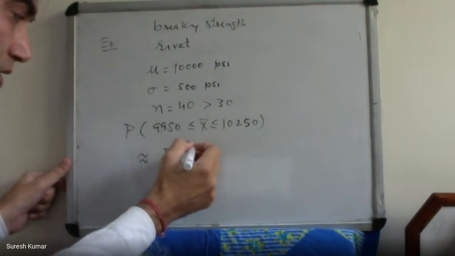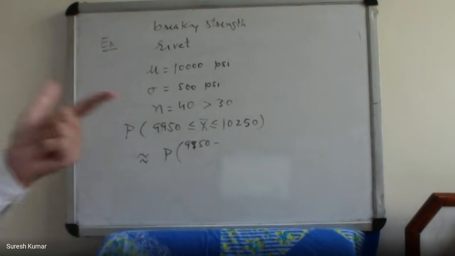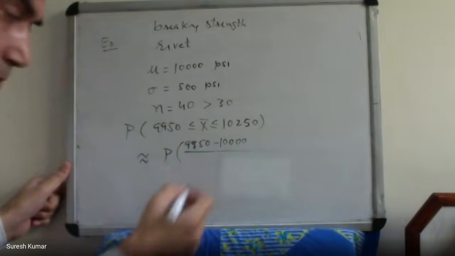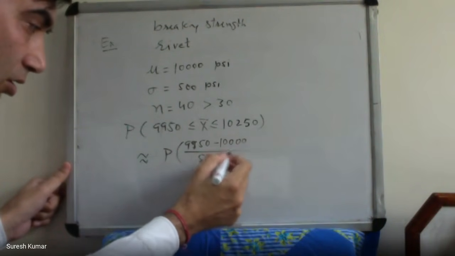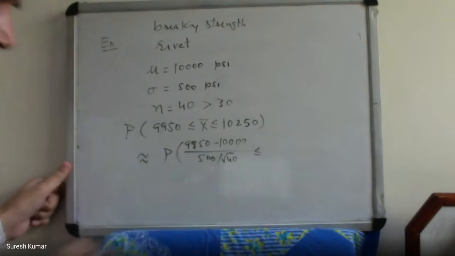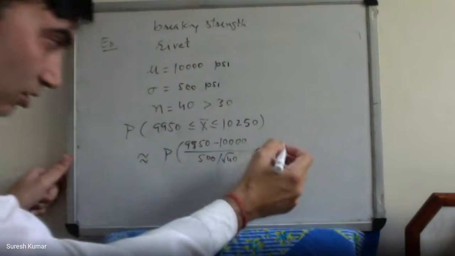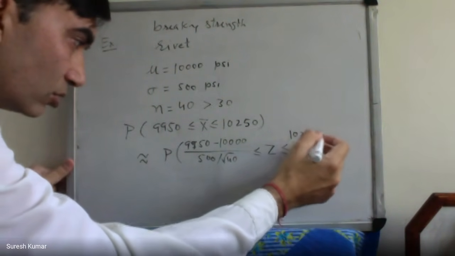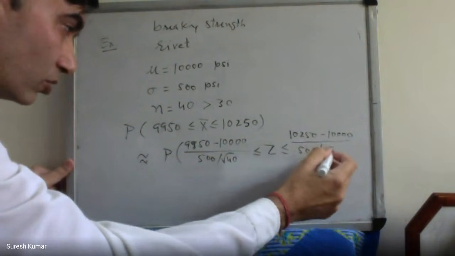Probability of 9950 minus, just change it into the standard normal variable: 9950 minus 10,000 divided by sigma by root n, that means 500 over root 40, less than or equal to (x bar minus mu over sigma by root n, that becomes the standard normal variable) less than or equal to 10250 minus 10,000 divided by 500 over root 40.